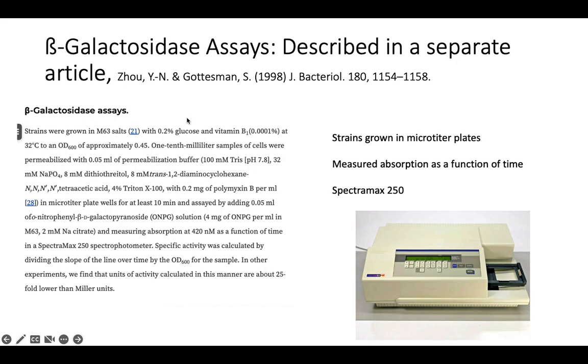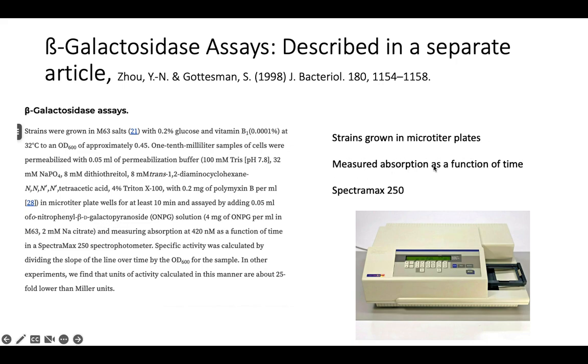Our beta-galactosidase assays, this was described in a different paper, but I went ahead and looked that up, and it was pretty simple. They grew the strains in microtiter plates, and that's just like those little well trays you've probably seen before. Maybe you've micropipetted things into that.